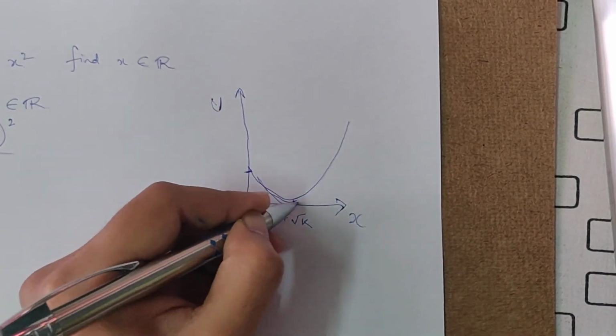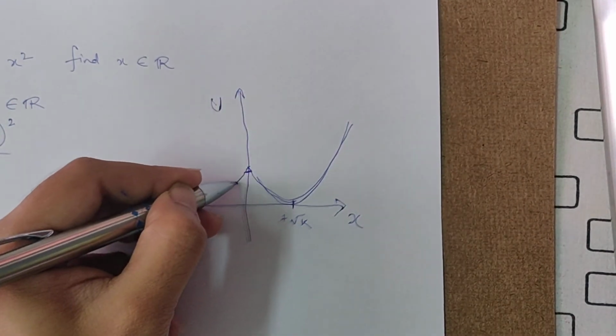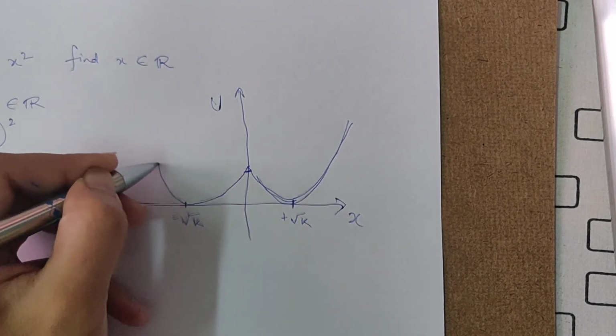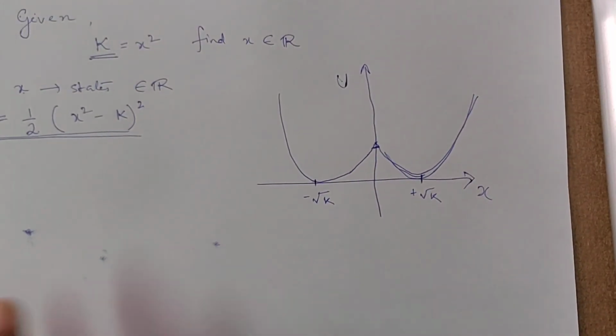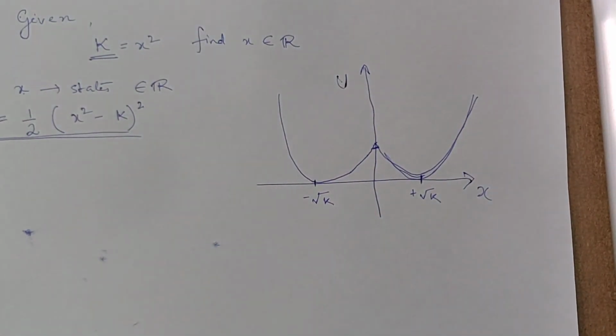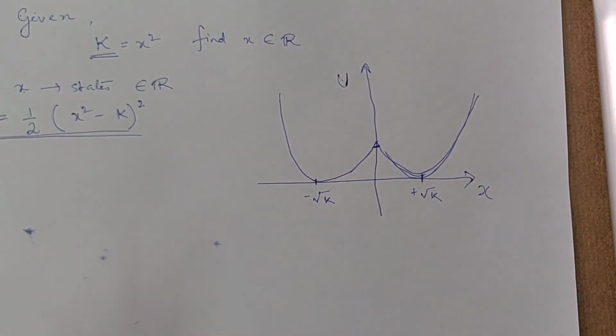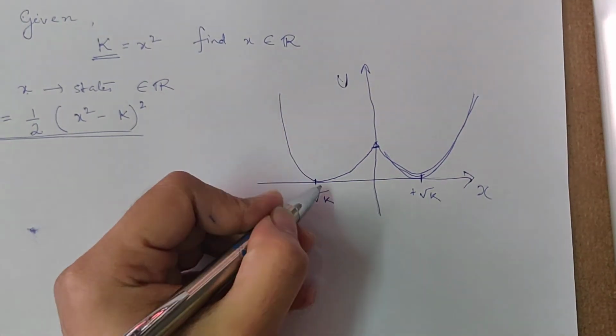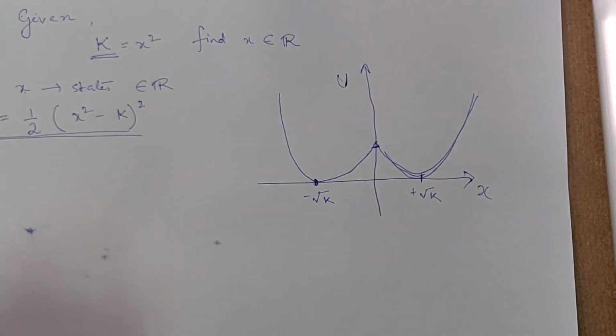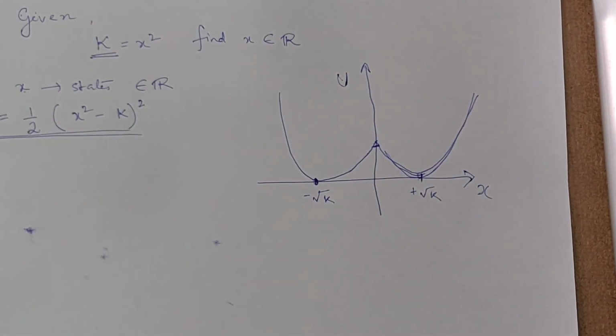It will be reaching 0 at root k, and it's a case of symmetry. This is my state space in which I want to find the global minimum, and there are two global minima. This is one valid global minimum, and this is also one valid global minimum, right?